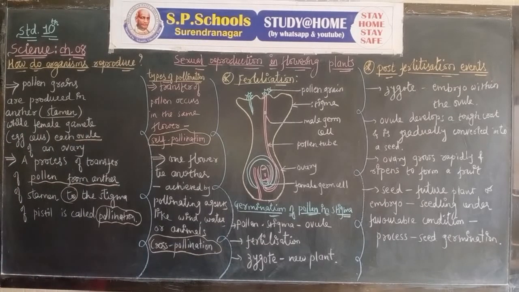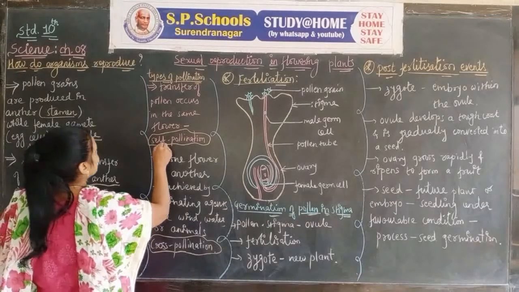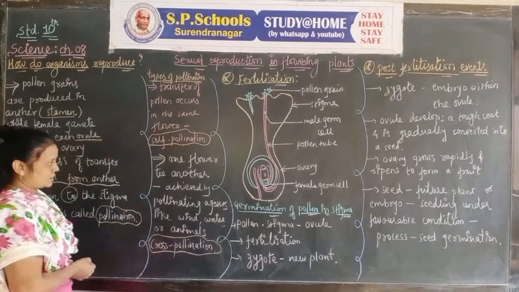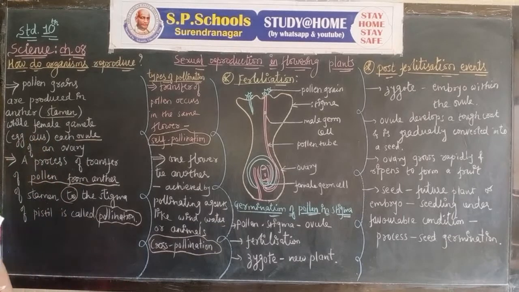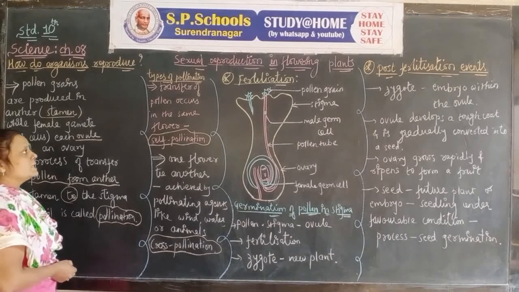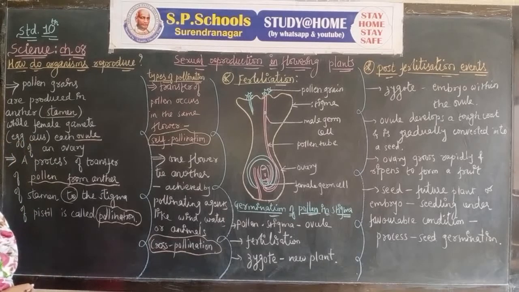When transfer of pollen occurs in the same flower, it is called self-pollination. But in the other case, the pollen is transferred from one flower to another, from the anther to the stigma of the pistil.